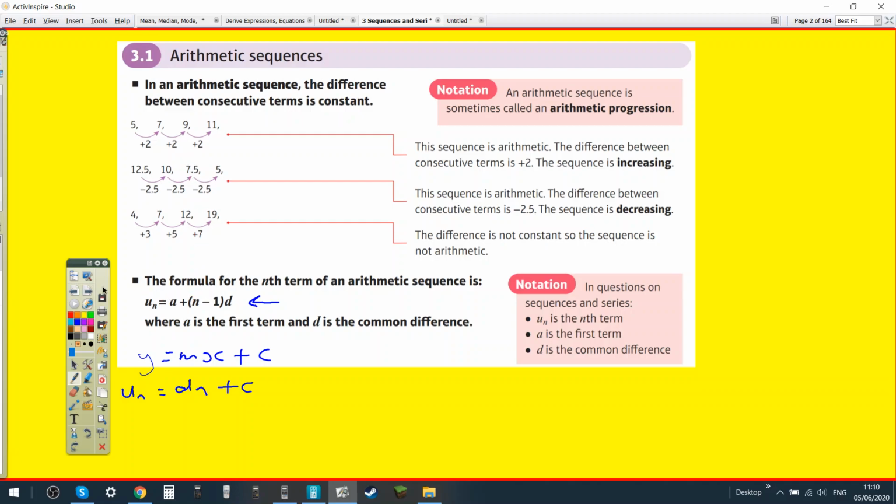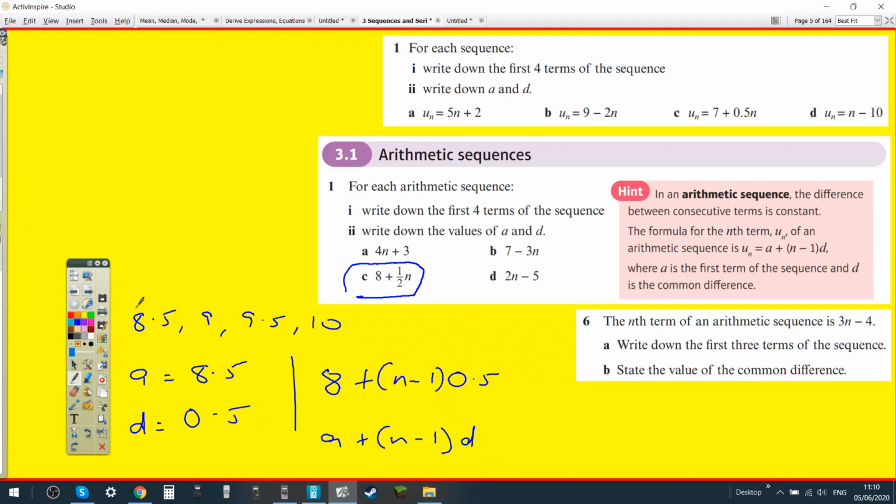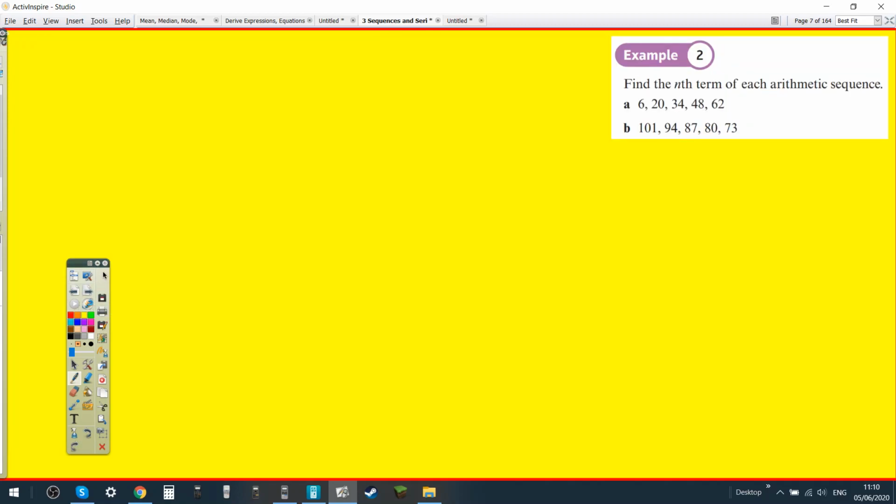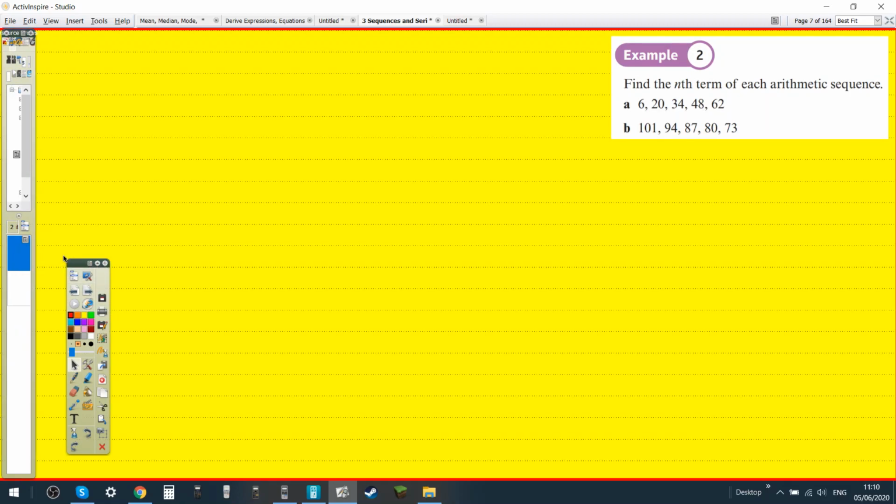Un equals A plus n minus 1 D. That is the nth term, un. 8.5, 9, 9.5, 10. A is 8.5, D is 0.5. Great.